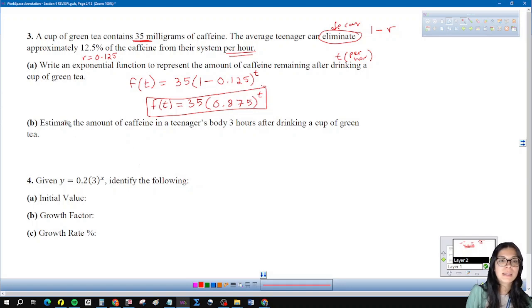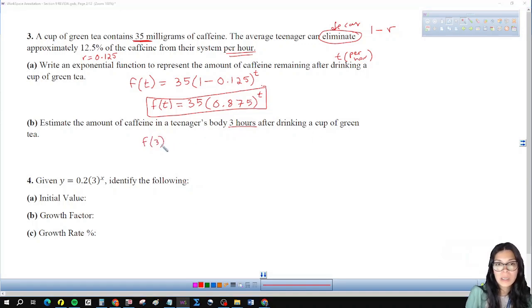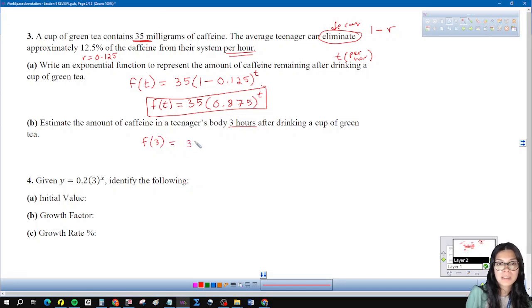Now, B, it says, estimate the amount of caffeine in the body 3 hours after drinking the tea. So since t is per hour, that means that we're going to plug in t here as 3. So figuring out how much caffeine is left is just figuring out what 35 times 0.875 to the power of 3 is.